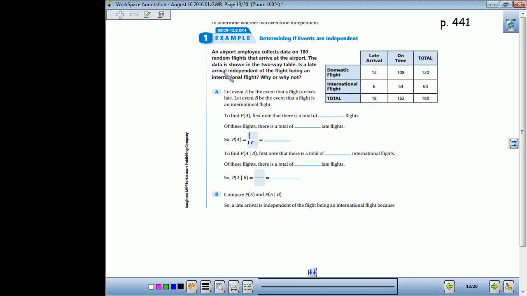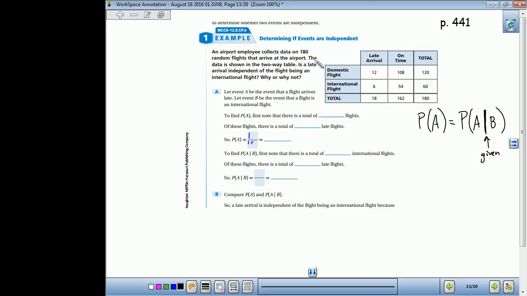Now we're going to look at that second thing it talked about, the probability of A given B. Is the probability of A equal to the probability of A given that B occurred? This bar is given. That's what that bar means. Given that B occurred. So here's a chart. We're back on that page 441 that we skipped a second ago.